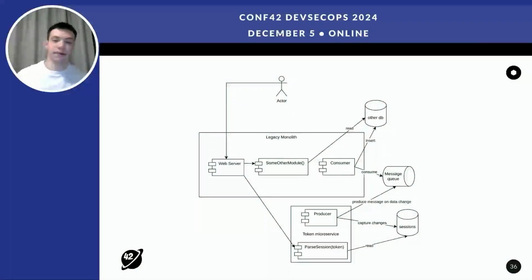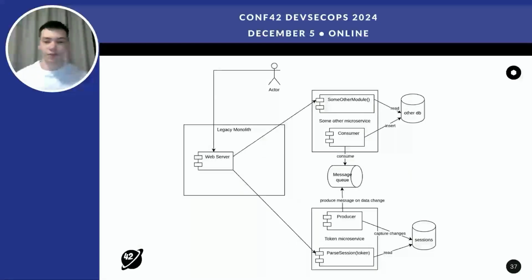And our other module will use data not from the sessions database, but from the other database. So we have decoupled the two modules from one another. And to make everything more concise, simpler, and cleaner, we can transfer the logic from the monolith to the second microservice and leave everything else untouched.